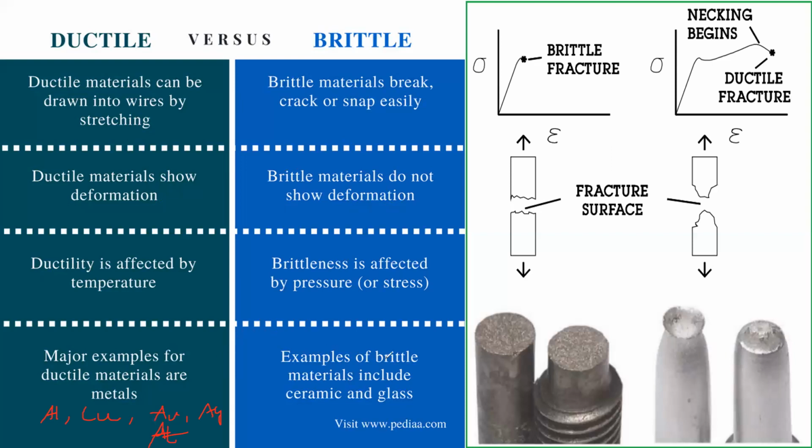And the examples of brittle materials are ceramics and glasses. If you apply load, they will fracture into many pieces, so you cannot convert them into wires or plates on applying stress.